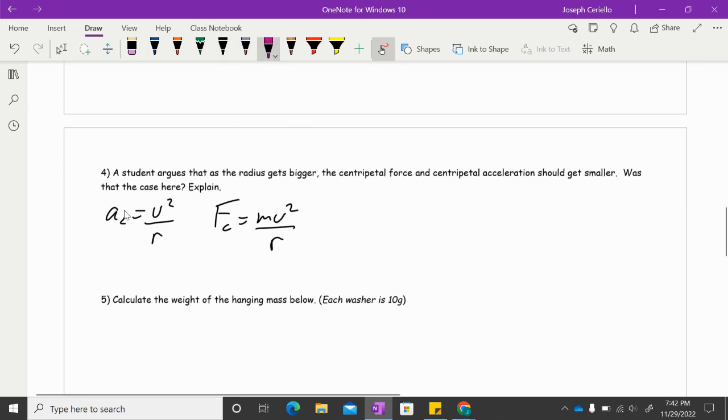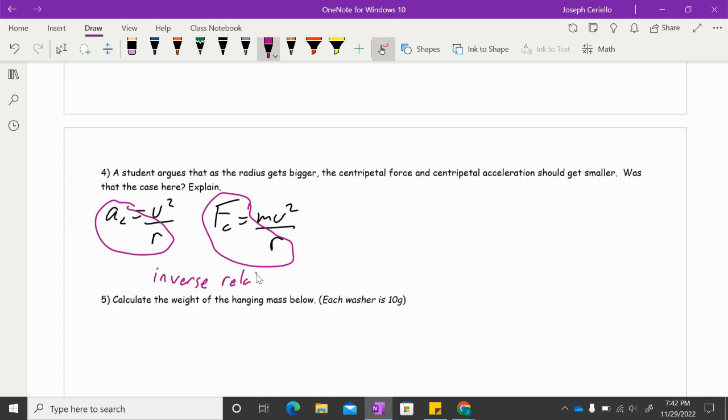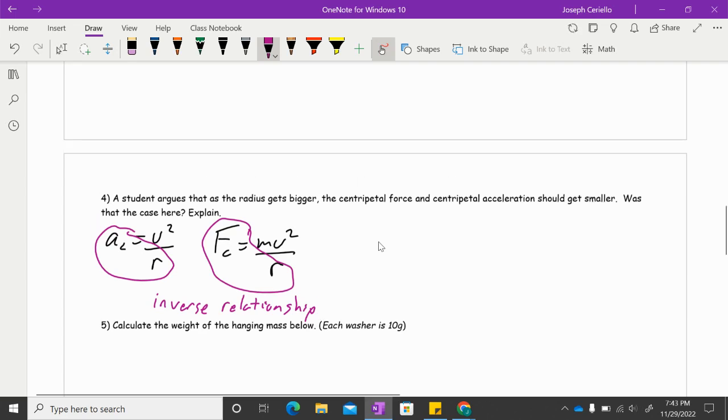So this should be an inverse relationship. So as far as inverse relationships go, we know that as r goes up, those other numbers, F_c and a_c, should go down.